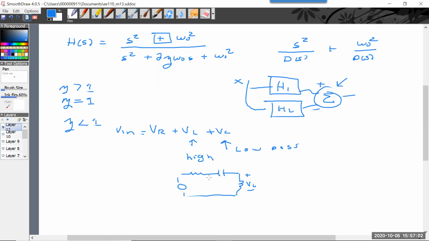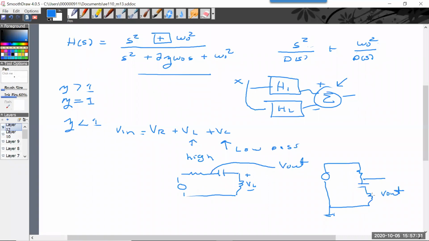But notice how everything is summing up. I really just want to sum these two together. The denominator is already the same. So why not call this V out, right? And I can draw it a little bit differently. There's my low added to my high, right?